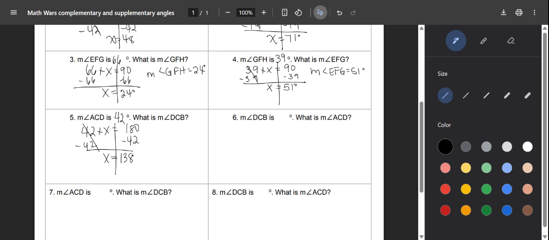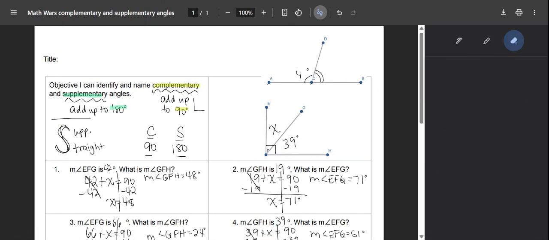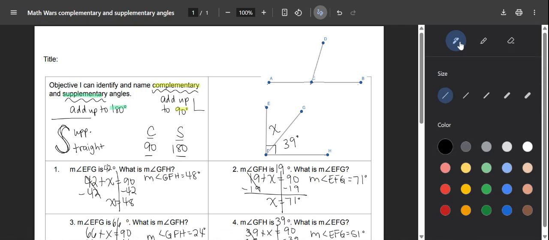So our final answer would be measure of angle DCB equals 138. Okay. Now they're telling us that the measure of angle DCB is 81 degrees. So let's go back and look at our diagram. We're going to change some labeling here. That was 81, and that's DCB. So we know this angle on the right, we're looking for this angle on the left.